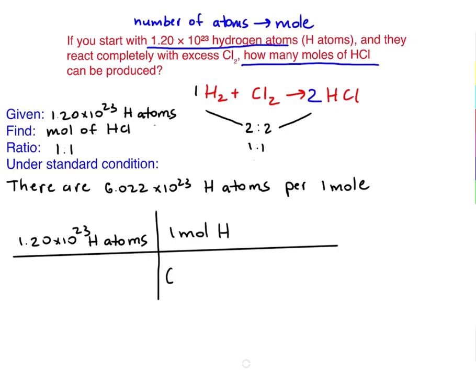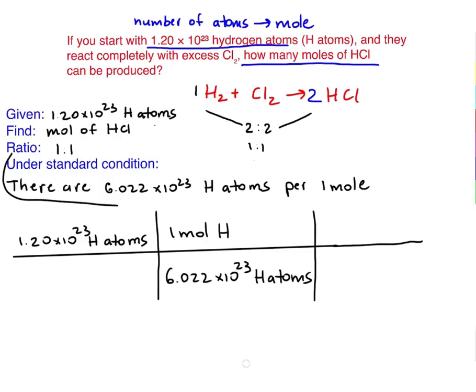So under standard condition, for 1 mole of hydrogen, there are 6.022 times 10 to the 23 H atoms. It's just the standard condition, and then you can write the ratio.